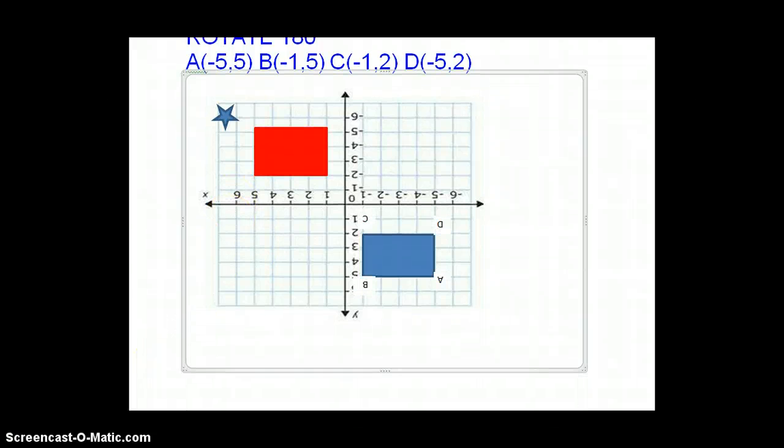So now that I've drawn my shape, I need to label my points. And just like in the other transformations, you need to use prime notation. So up here we had A prime, this point over here becomes B prime.